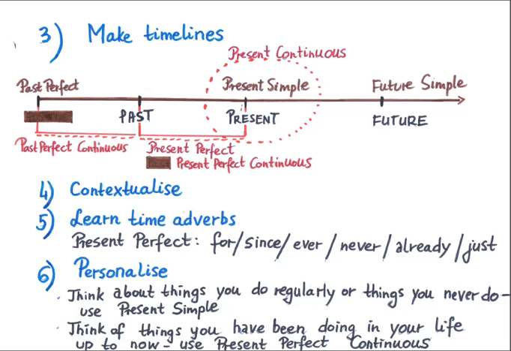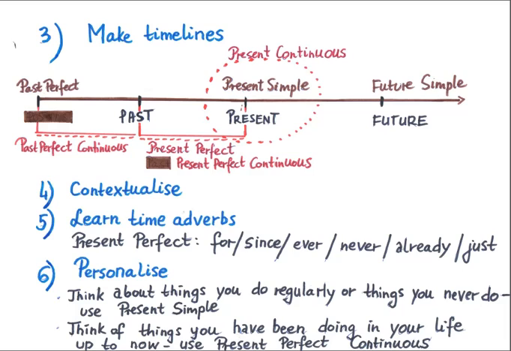Tip number 6, personalize. You also need to be active when learning tenses, and you need to put them in practice. Apart from a lot of reading, listening, doing exercises, you need to use them yourself. And the best way to do it is to put the tenses in personalized context.